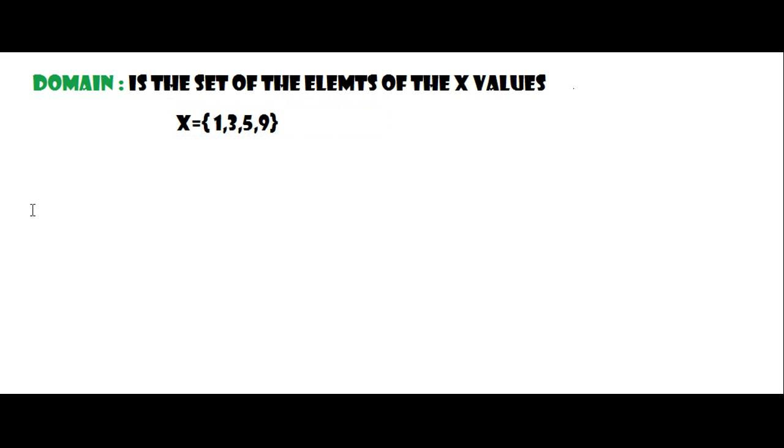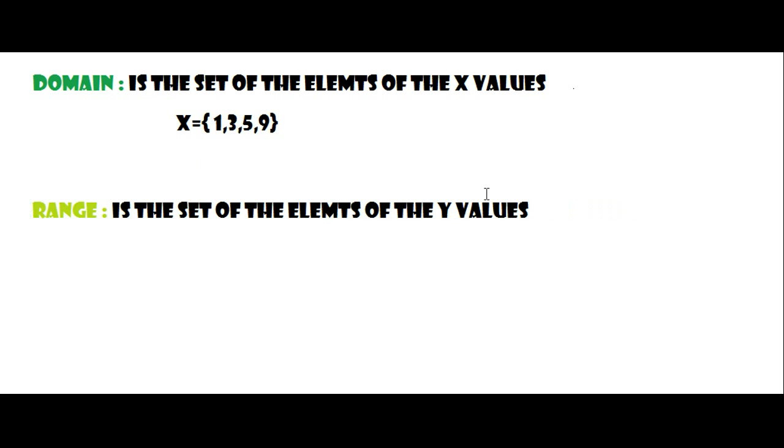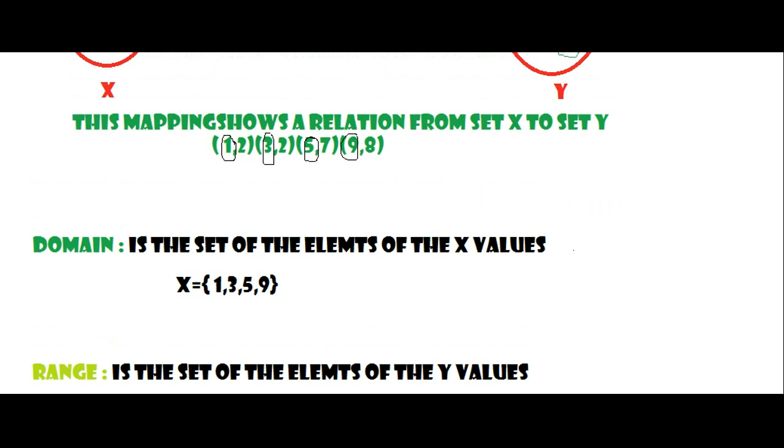So what is range? A range is the set of the elements of the y values. That means the second values of the ordered pairs. Let us see the figure again.